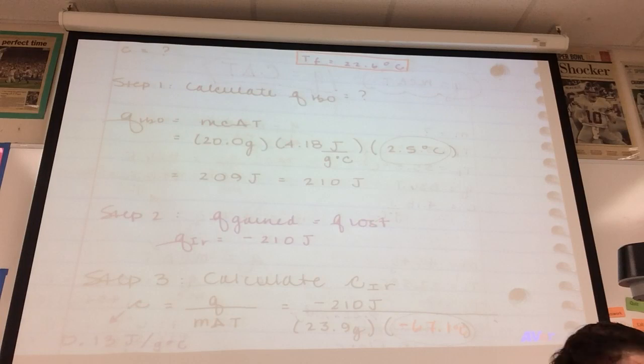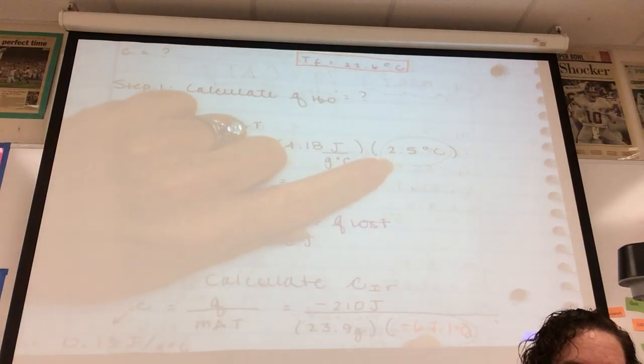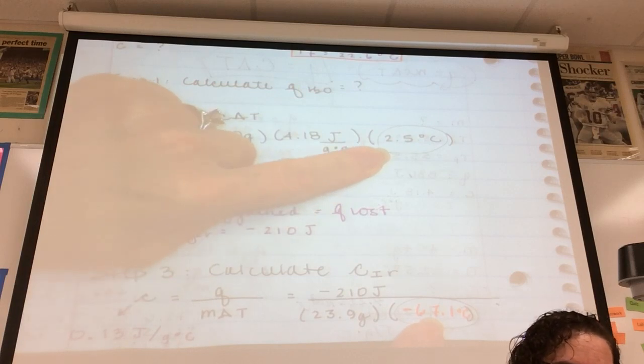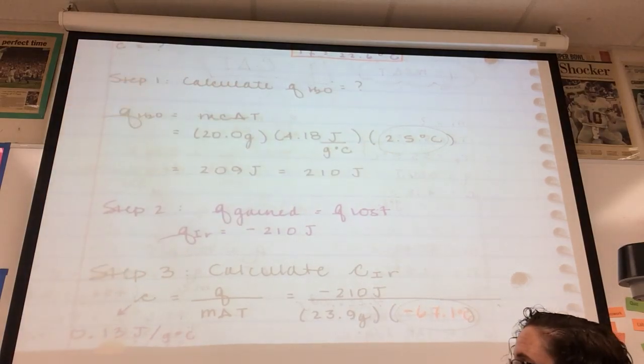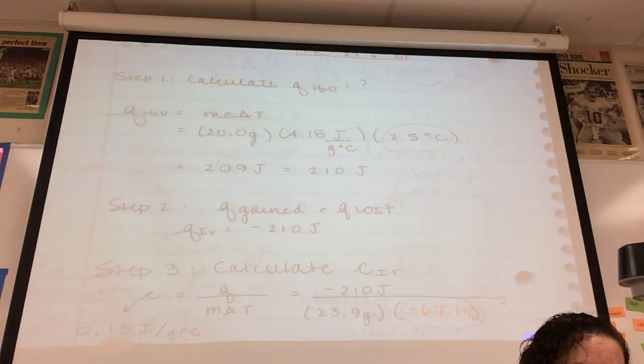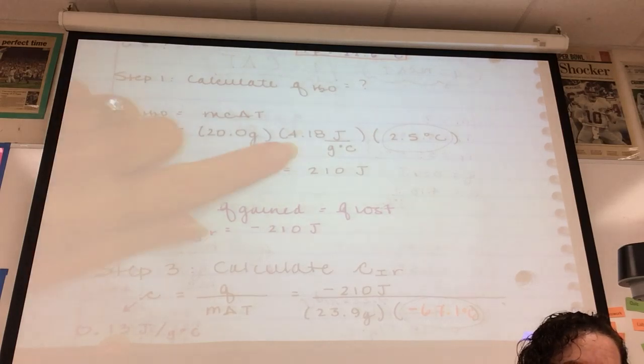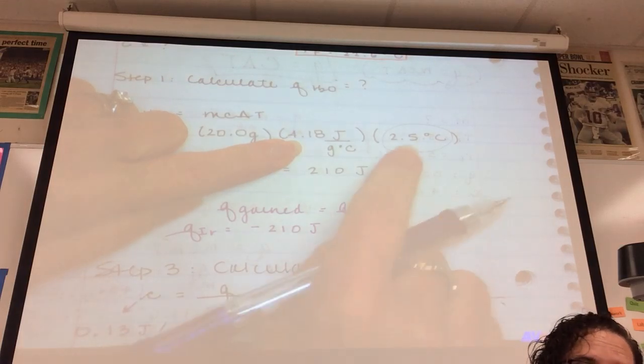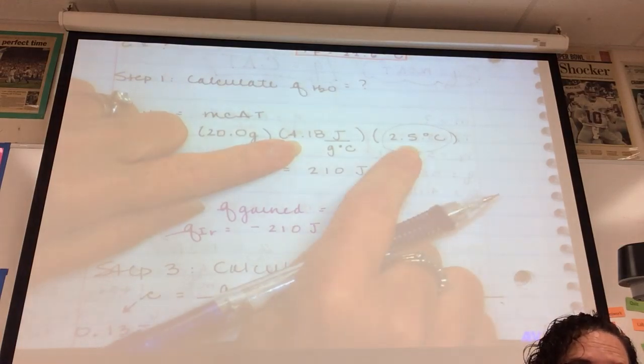Comparing the absolute values of these, you can see that the change in temperature for the metal is quite large. Right? Okay. Also, take a look at the specific heat for a metal versus the specific heat for water. The specific heat of water is quite large, hence the small delta T. Correct?